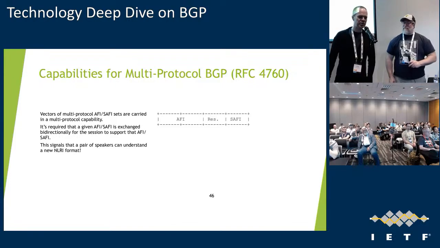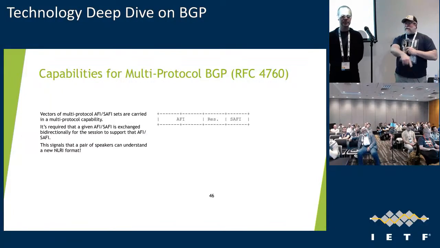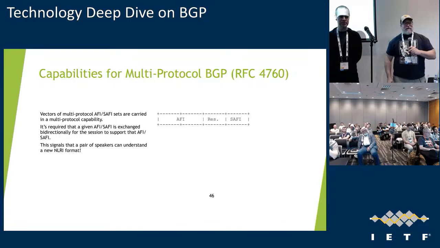So be prescriptive. And speaking of prescriptive, what goes inside of the multi-protocol capability? Well, it's an AFI, SAFI, and there's this reserved field. As designers of protocols in the IETF, we know reserved often means here can go extensions for the future, if you're very lucky.